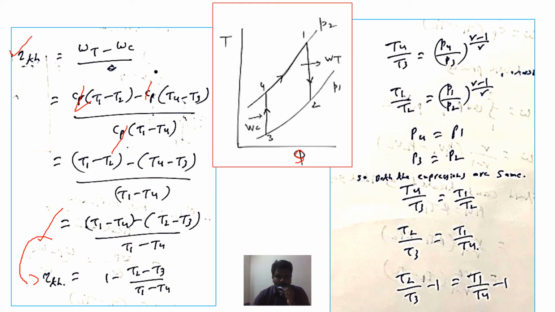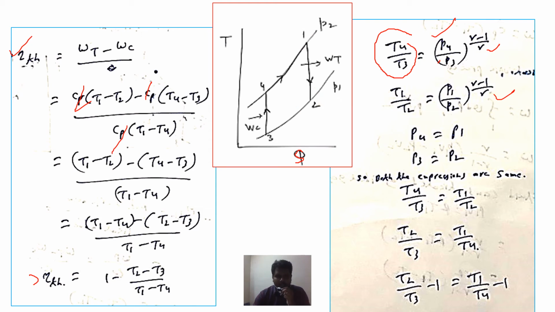But as we know from the TS diagram, T4 by T3 equals P4 by P3 whole power gamma minus 1 by gamma. In the same way, for process 1 to 2, T1 by T2 equals P1 by P2 whole power gamma minus 1 by gamma.